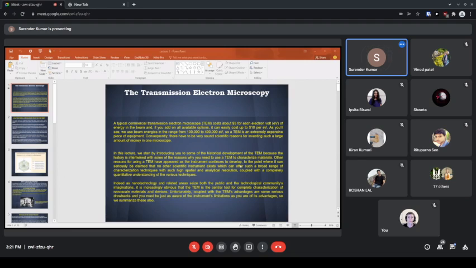So you can get an idea about their size, their shape, and their spectroscopic information. If you have, for example, three or four materials combined together, you can get some information.